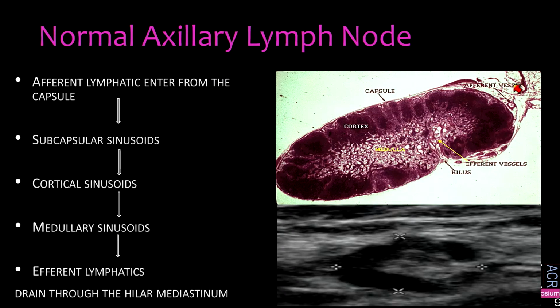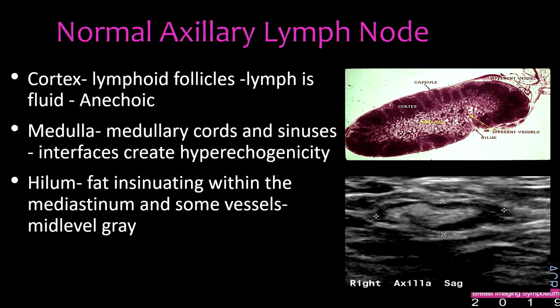The lymph flows from the afferent lymphatics, goes through the capsular sinusoids, through the cortical sinusoids, and then through the medullary sinusoids, and then exits out through the efferent lymphatics through the hilar mediastinum. The cortex, which has all these lymphoid follicles, is basically anechoic because lymph is fluid.